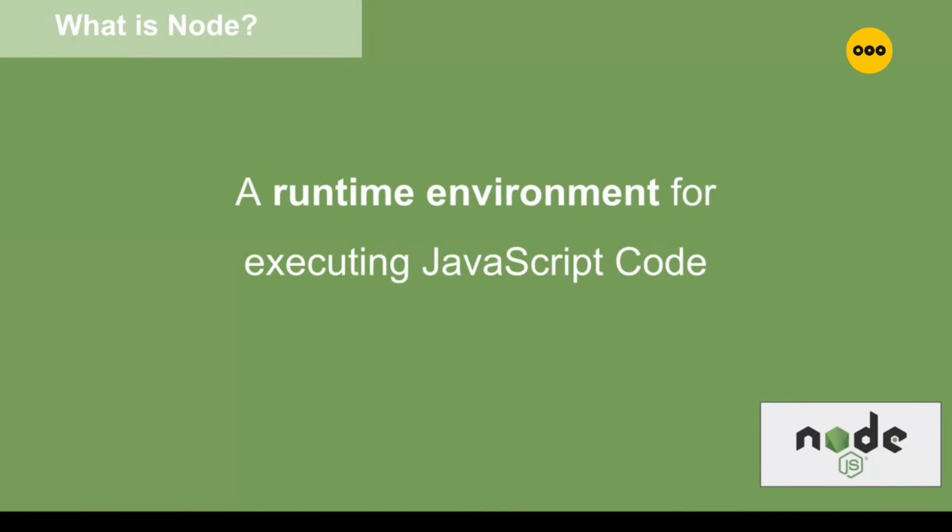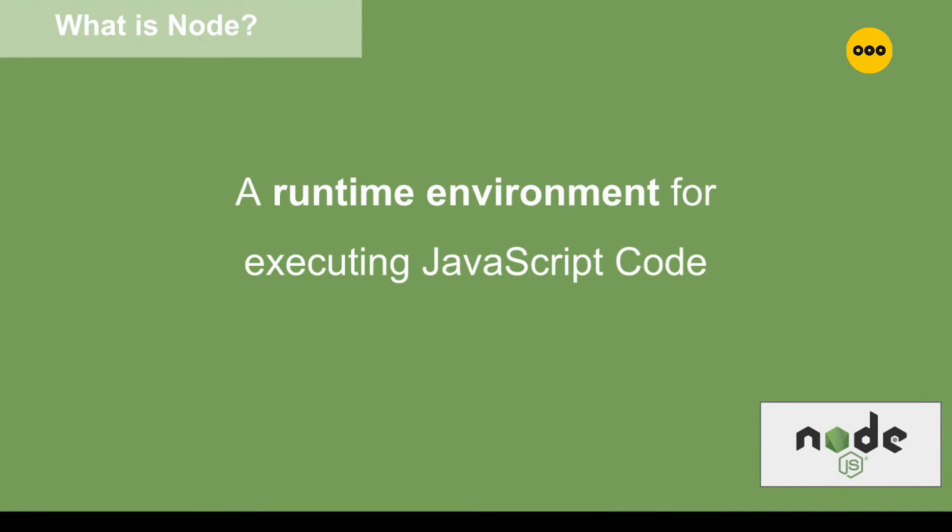So this programmer called Ryan Dahl, he sat down and said, I think I can do something. So he monitored all these engines that I've mentioned, Chakra, SpiderMonkey, V8. Then he realized that the Chrome engine, V8, is faster compared to the rest of the JavaScript engines available.